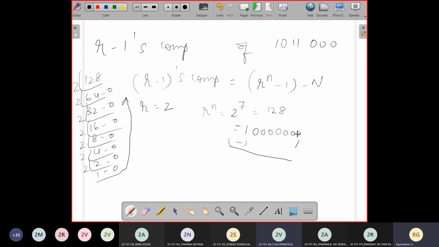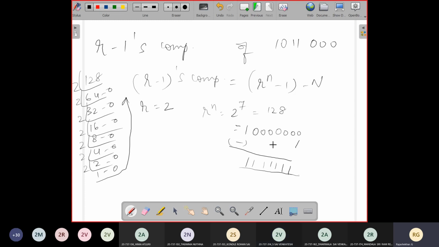So 2 minus 1 becomes 1. Here it will be 1, 1, 1, 1, 1. How many ones will be there? 1, 2, 3, 4, 5, 6, 7 ones will be there. So this will be the result of this operation in the parent system.